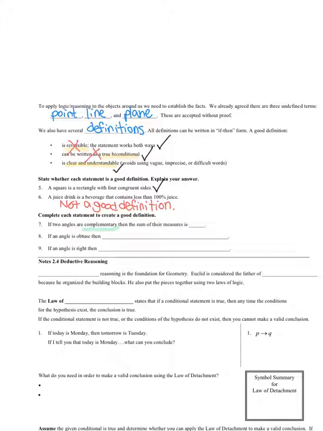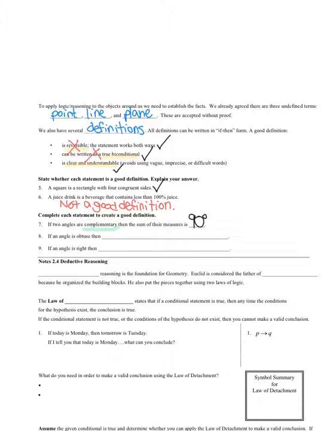If two angles are complementary, then the sum of their measures is 90 degrees. That's a good definition. If we were to reverse it, if two angles sum to 90 degrees, then they are complementary. That is true as well. So that is an excellent definition of complementary.